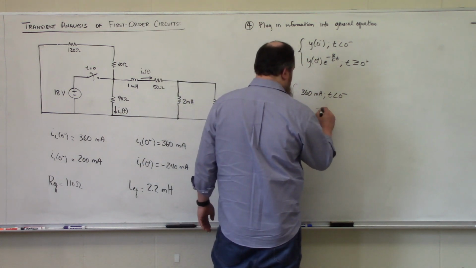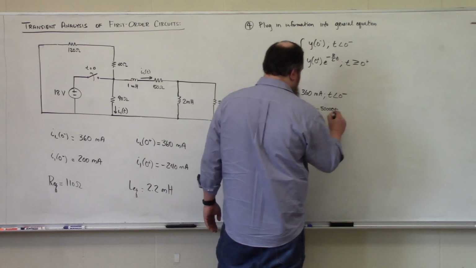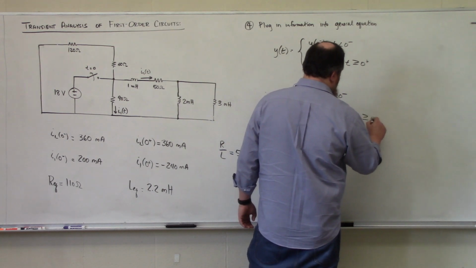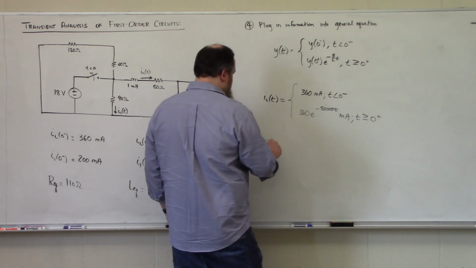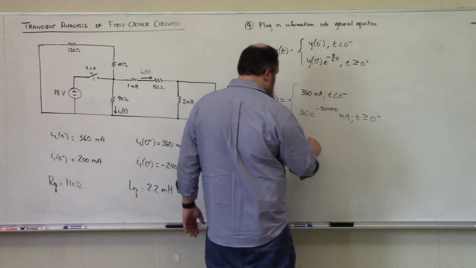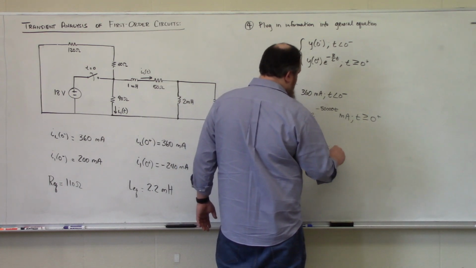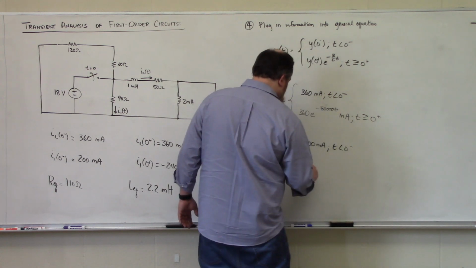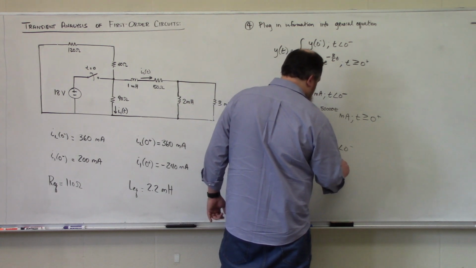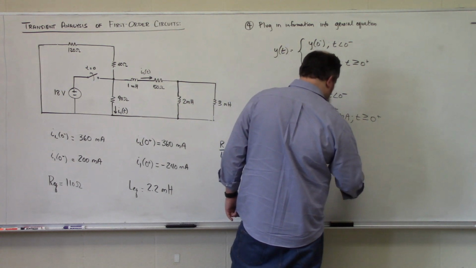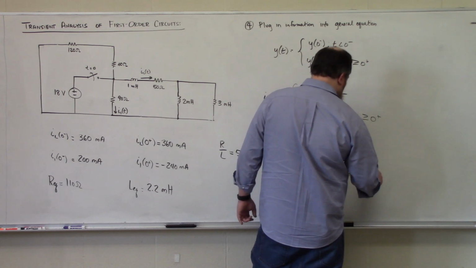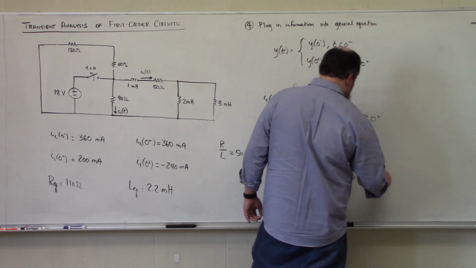So minus 50,000 t milliamps for t greater than or equal to 0 plus, and I1 of t, our resistor current, will then be positive 200 milliamps for t less than 0 minus, and negative 240 e to the minus 50,000 t milliamps for t greater than or equal to 0 plus.